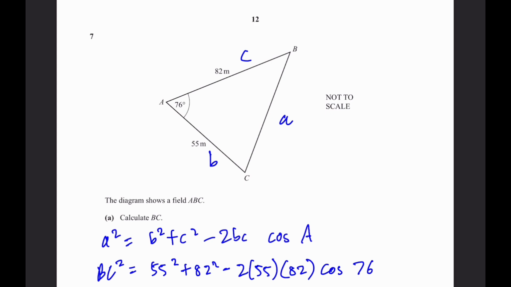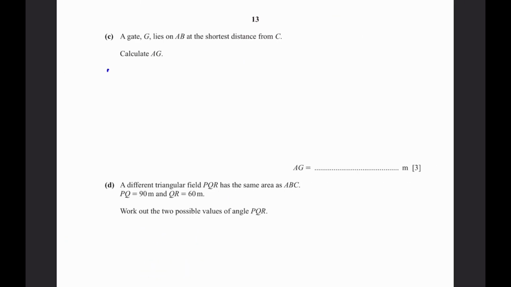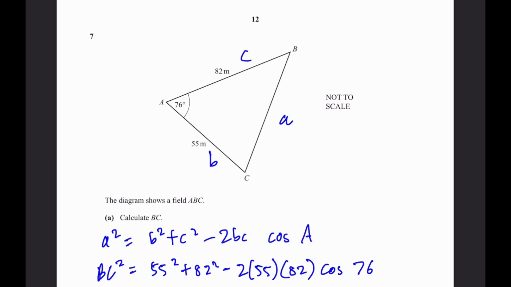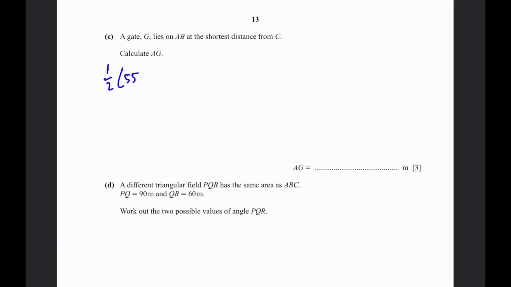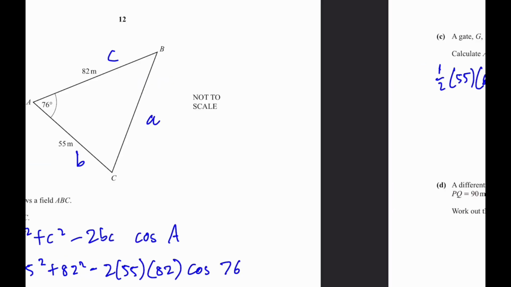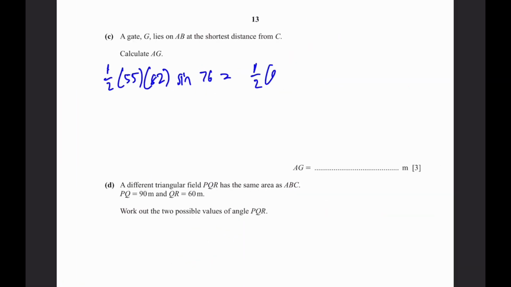So first, half AB sine C, and in this case it's going to be 55 times 82 times sine 76. It's going to be equal to half times the base, in this case 82, times the height, which is CG.